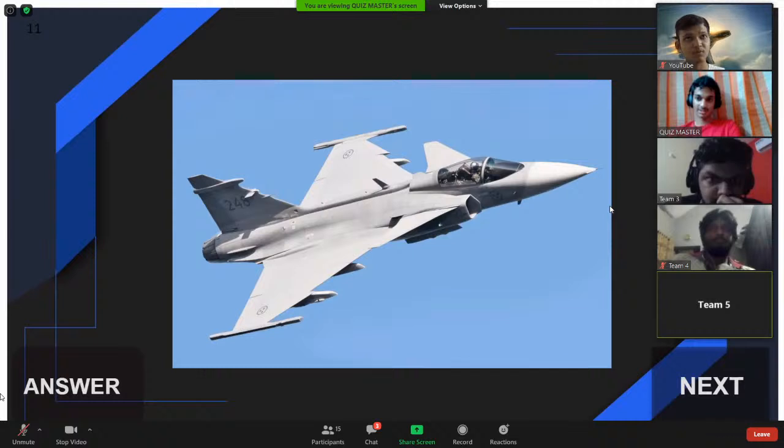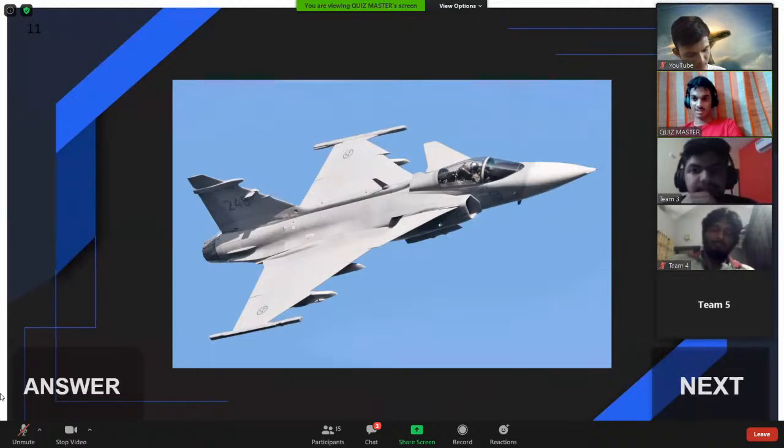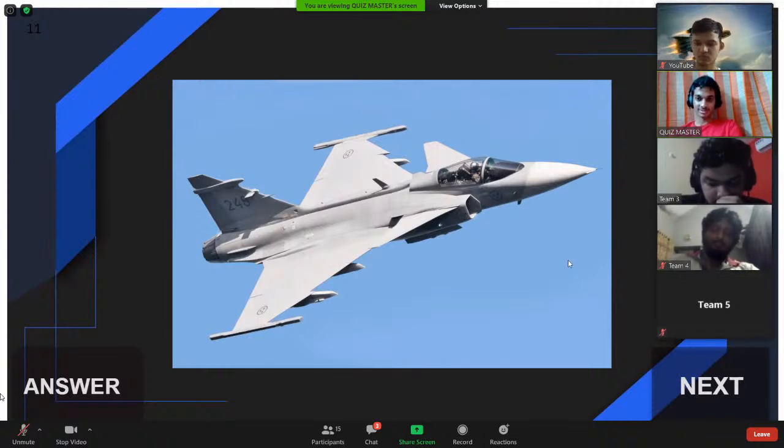Saab Gripen. Saab Gripen is the right answer. So plus 15 points to team 5, to team 4, to team 1. That's it. Minus 10 points to team 6 and team 3. They answered the Eurofighter and the Rafale. Both iconic delta canards, but not the answer we were looking for.